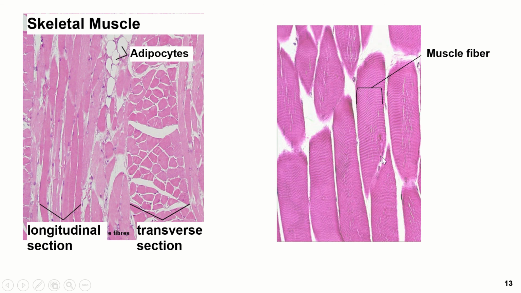So this is one muscle fiber. Here is another muscle fiber. Here is another muscle fiber. These are all part of a fascicle. Now over here, what we're seeing is a longitudinal section through a muscle, and these white lines here are the endomysium that separate the individual muscle fibers of a muscle.